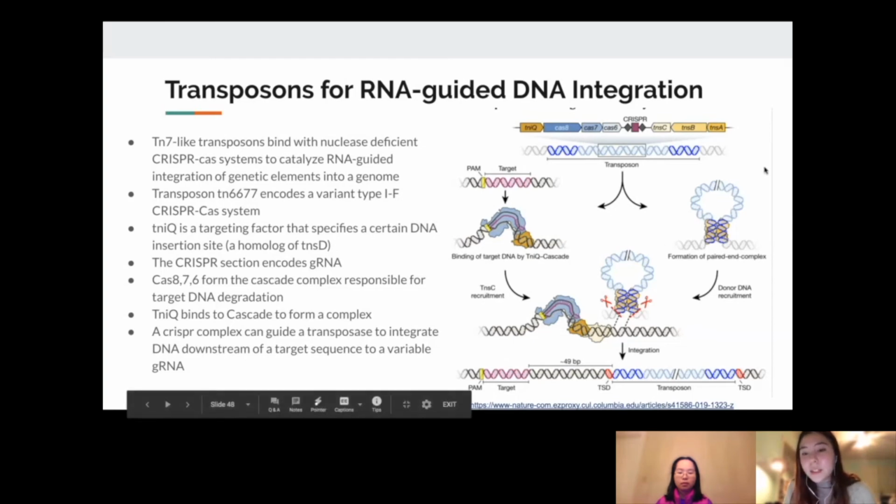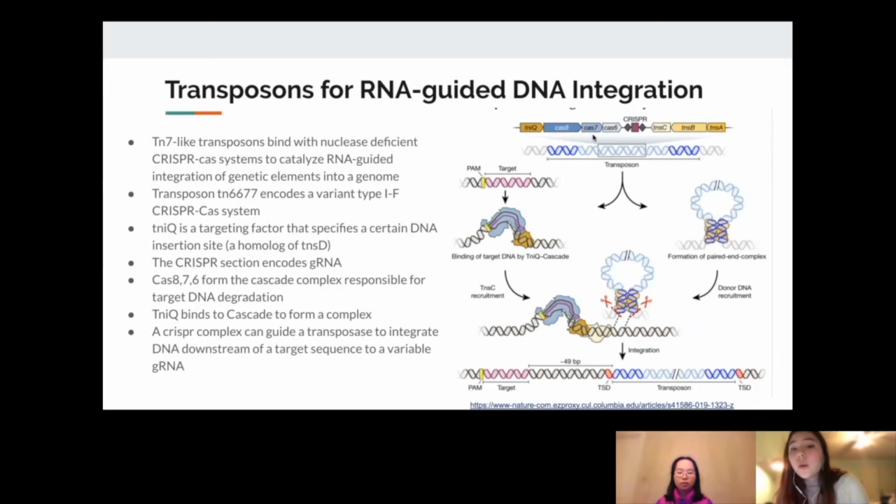If you look at this diagram up at the top, this is the TN7-like transposon system. We can see that we still have the cascade complex, which is Cas6, Cas7, and here listed as Cas8. Observe that Cas8 is bigger than the other ones, which indicates that it's the fusion of Cas8 and Cas5. We still have a CRISPR array, which has its number of spacers and repeats, which are used as guide RNA.